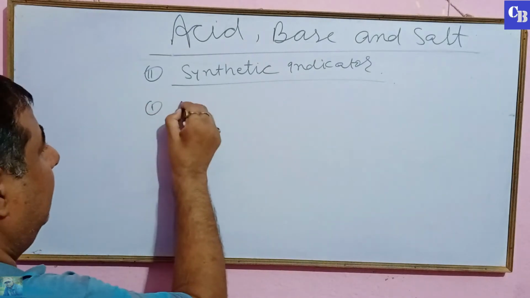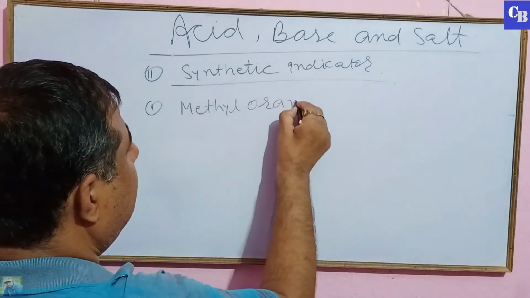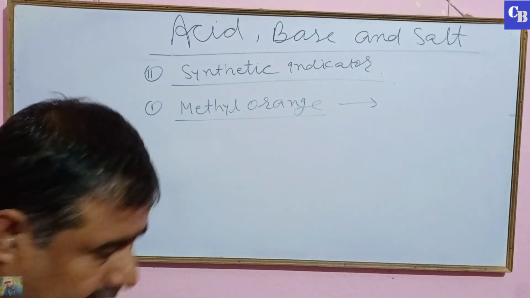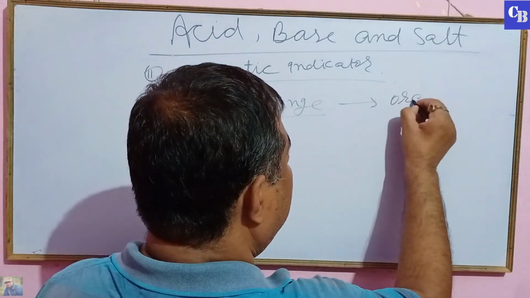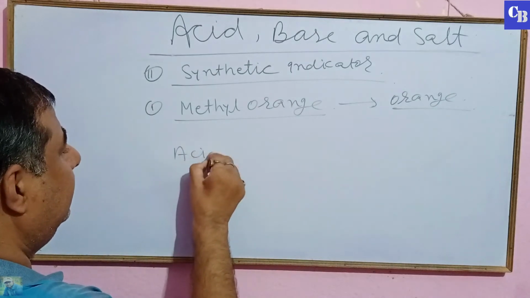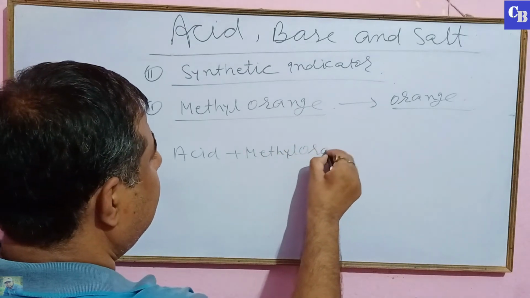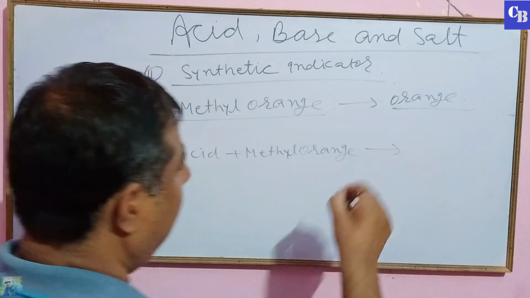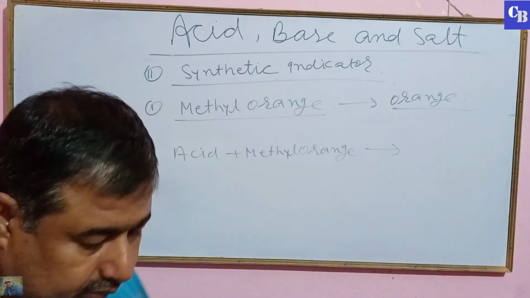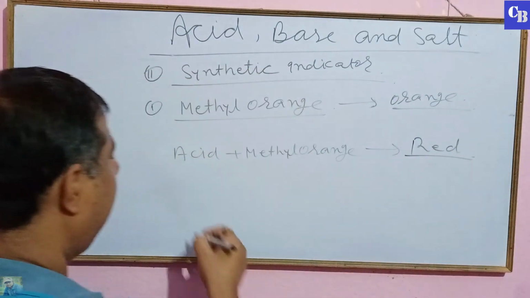First, methyl orange. Methyl orange is orange in color, and when it is added to acid, it becomes red.